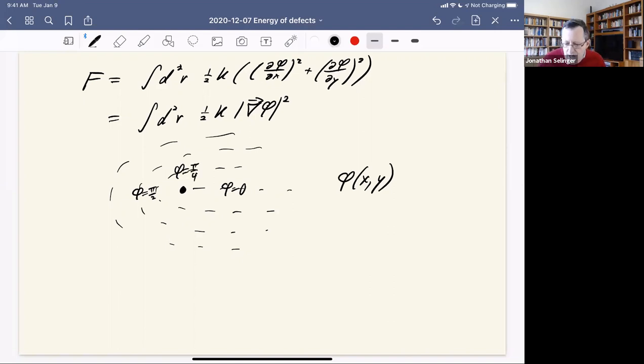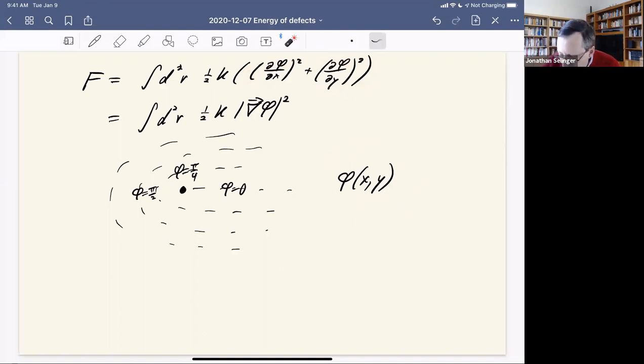And we want to know how big are the derivatives of phi, so we can square them and put them into an equation like this and say, what's the free energy associated with the whole defect? So we need an equation for this thing.